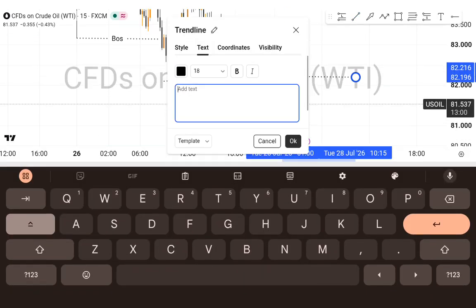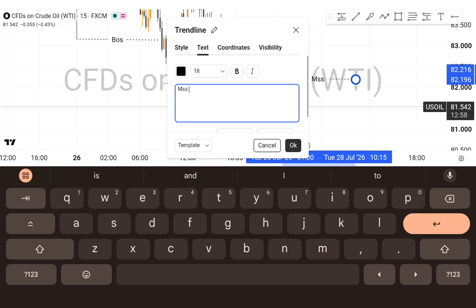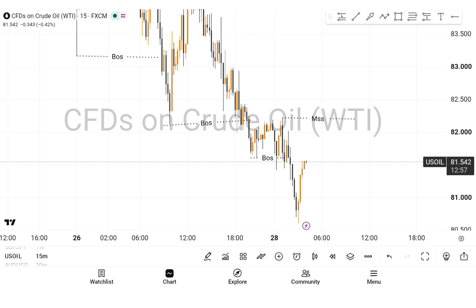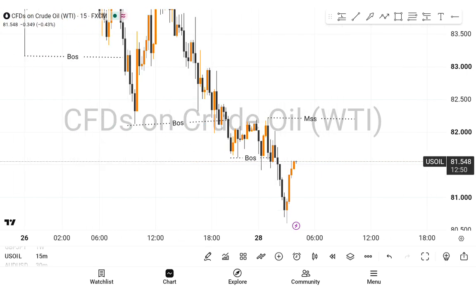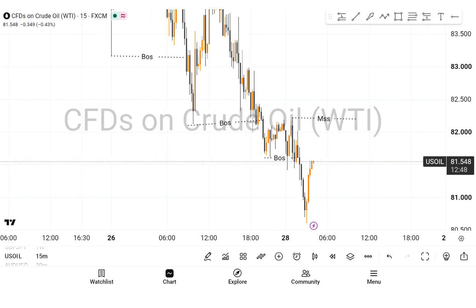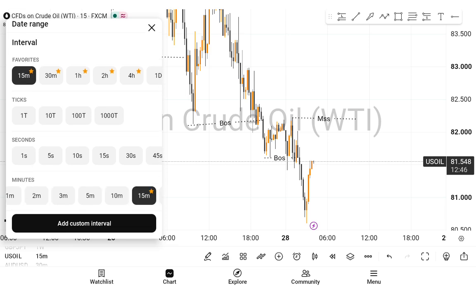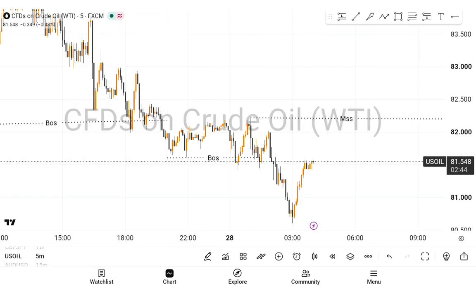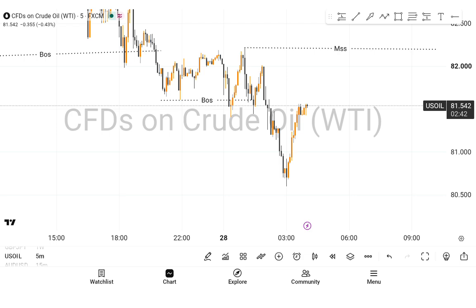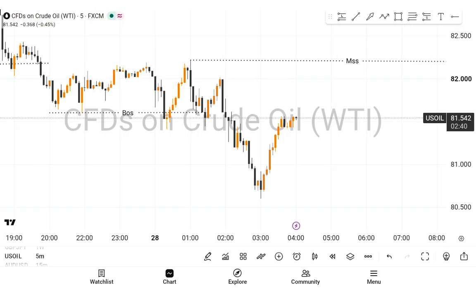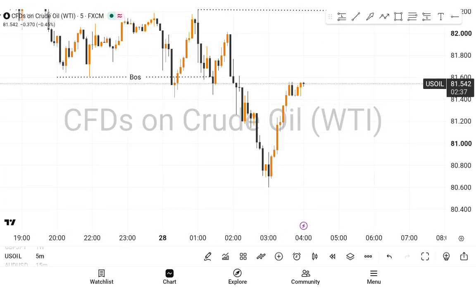You can also do this on a 5 minute time frame. You can also go to the 5 minutes, but I don't like the 5 minutes, because I believe 15 minutes is better, and my 15 minutes change of character is more reliable. We can see for 5 minutes we already have the change of character.